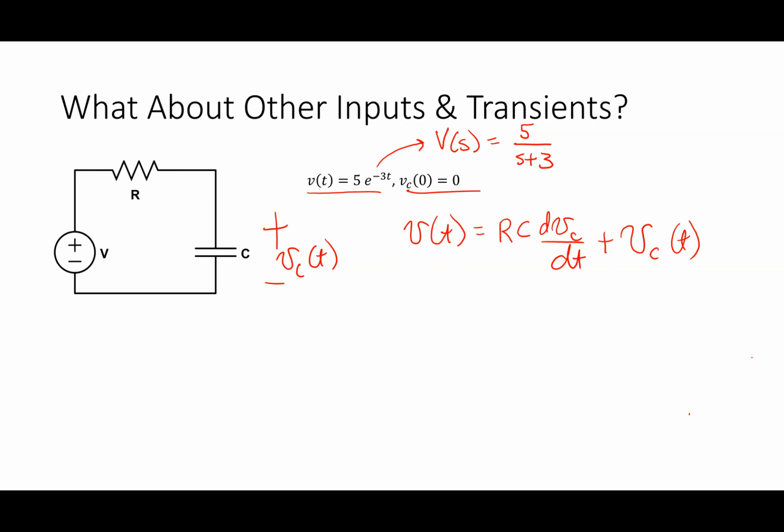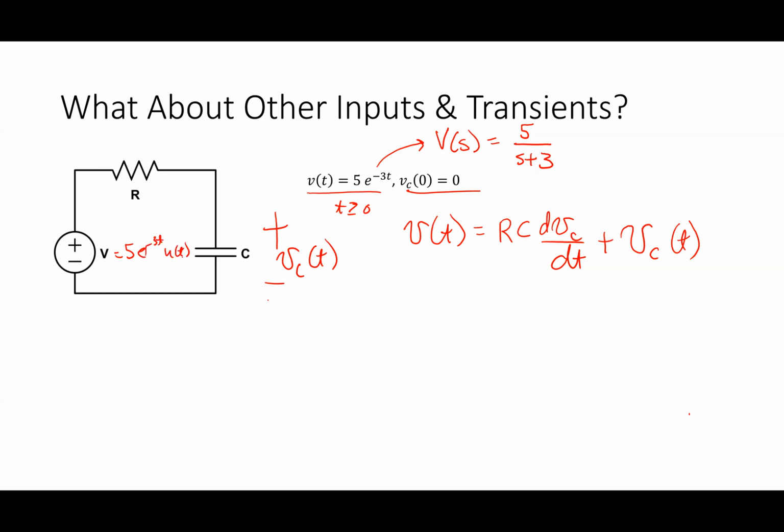So basically, if I went around and did KVL in this particular circuit, and I had this input, v of t is 5e to the negative 3t, specifically for t greater than or equal to 0, that's basically saying that this is equal to 5e to the negative 3t u of t.